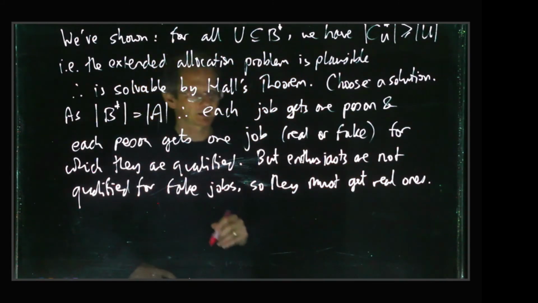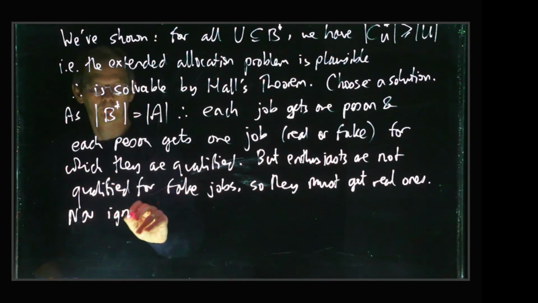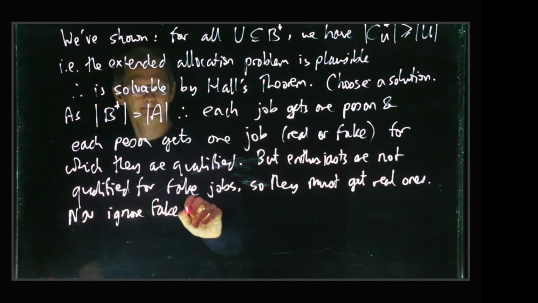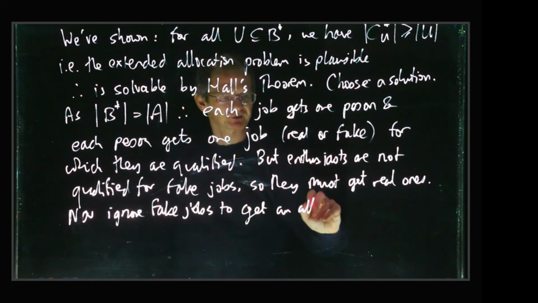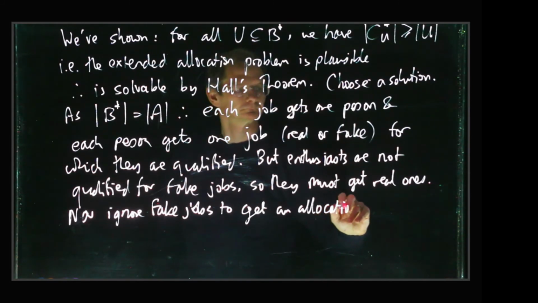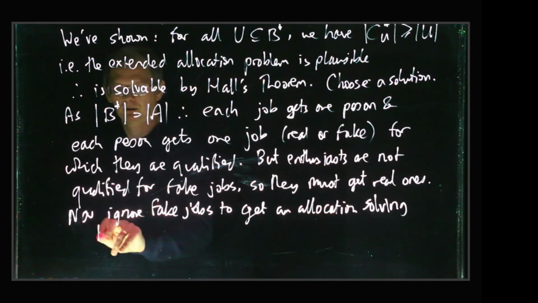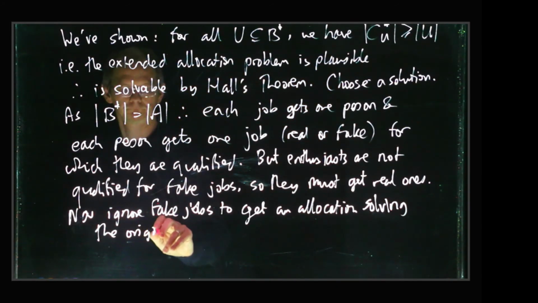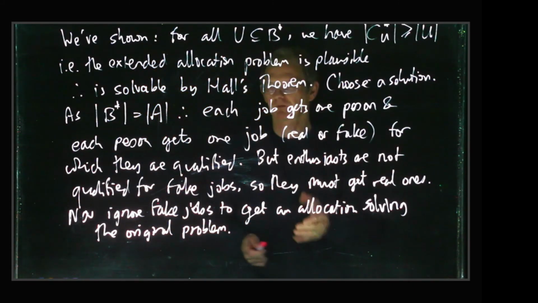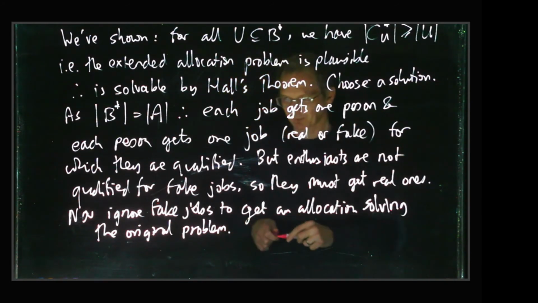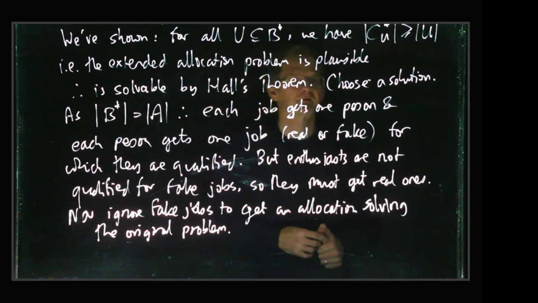So now we just ignore the fake jobs to get an allocation solving the original problem. By solving the extended problem, we allocate for each job, each real and fake job, a different qualified person.